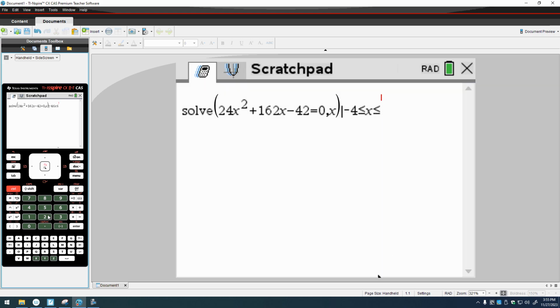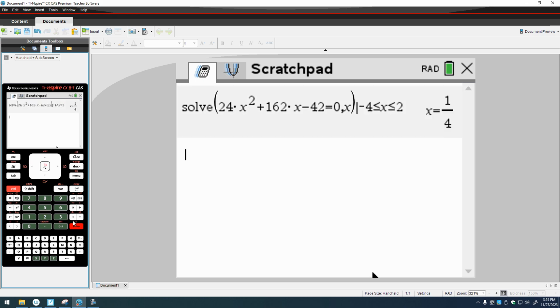Remember how I do that? I do the whole such that thing. So I do this second equal sign or control equals, and I click the such that, and then I do the -4 to 2, my interval. Hit enter. The only critical value is 1/4.